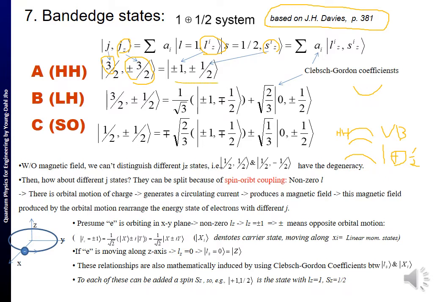Here we are only showing Lz and Sz, omitting L and S because L and S are fixed. So we ignore this part for now, to make it simple. We're just following the representation of this book. This is called the heavy hole.